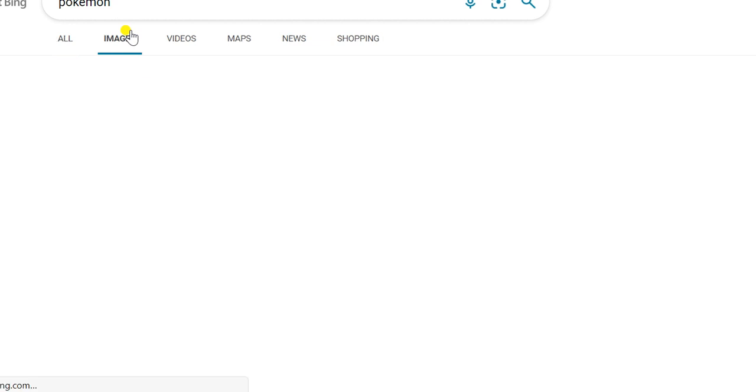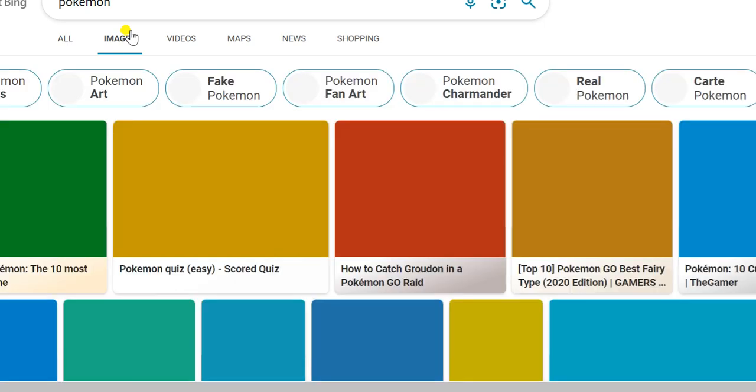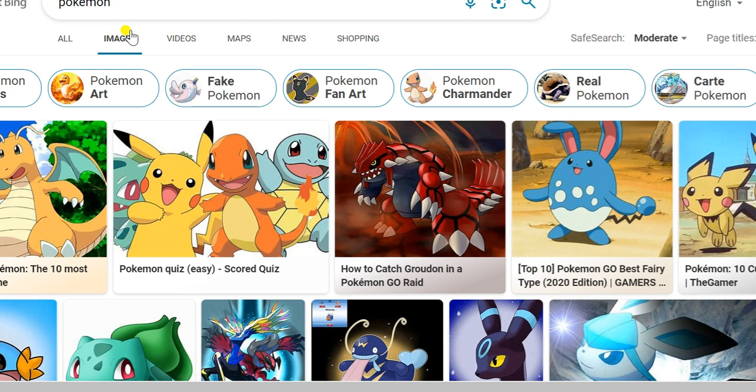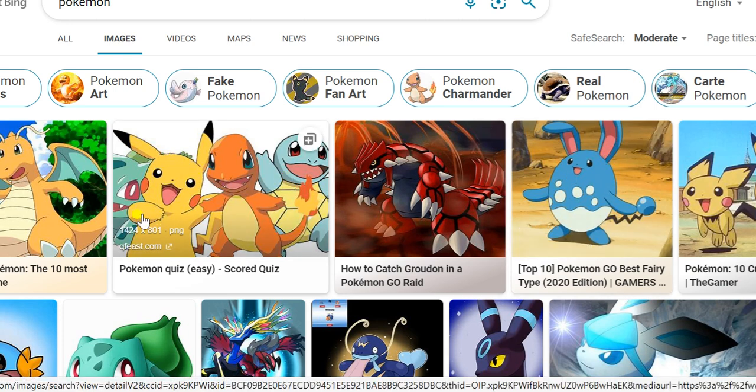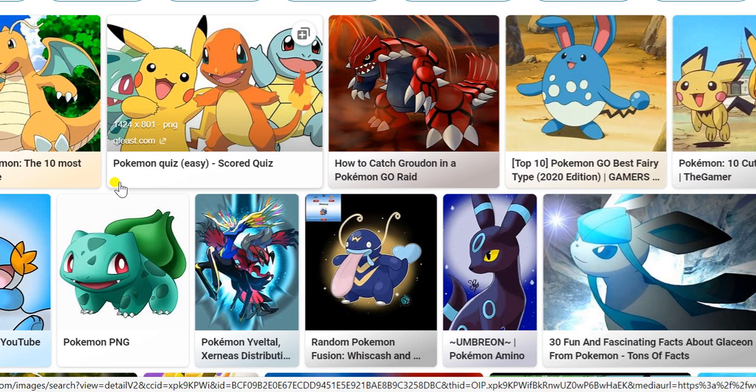There was Pikachu, of course. Cutie. There were Pokemon which we could name, and Pokemon which we couldn't name, right? I don't know the name of this Pokemon. This Charmander, Squirtle, Pikachu, Bulbasaur.